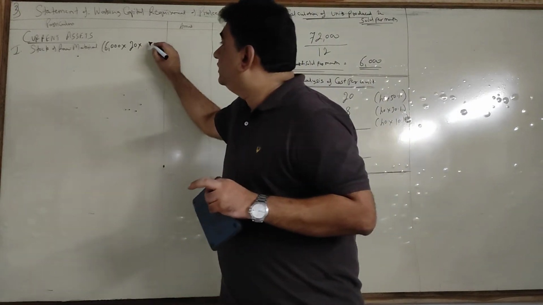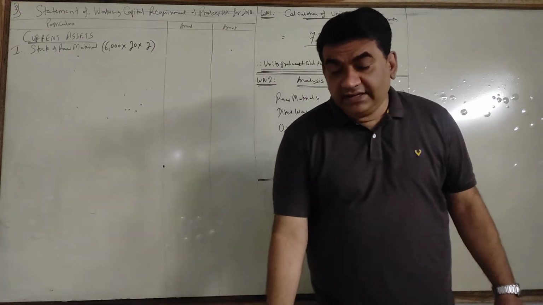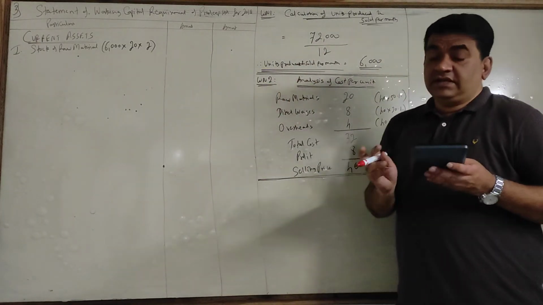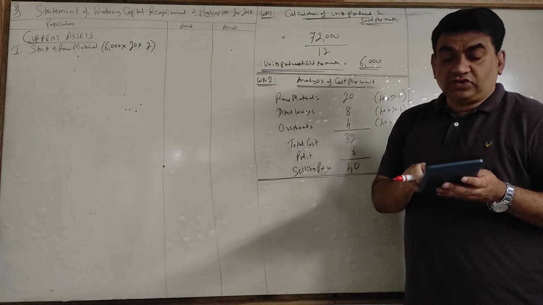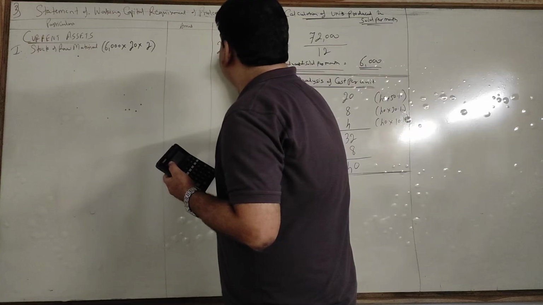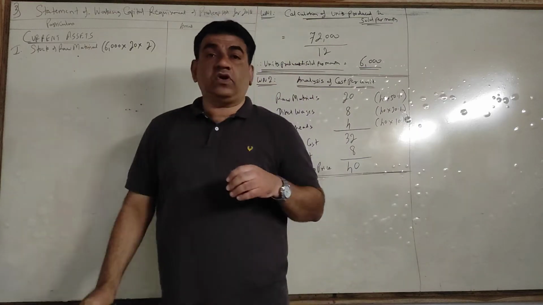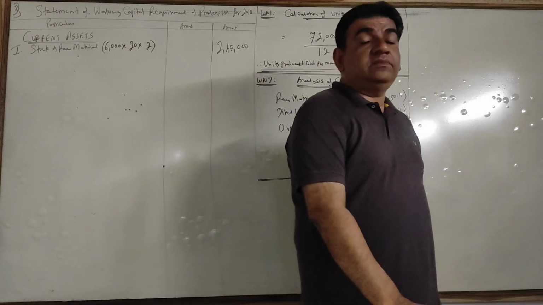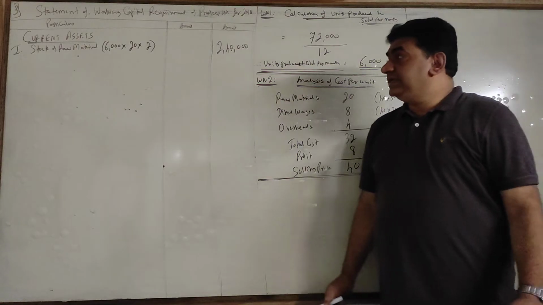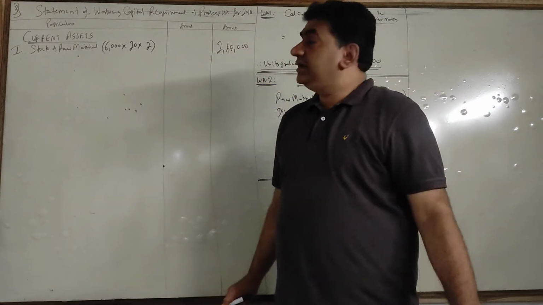So what you will do? Further multiply by 2. So I'll repeat. 6,000 units per month, 20 rupees is my cost of raw material and 2 months. So my stock of raw material blocked up in the business is 2,40,000.